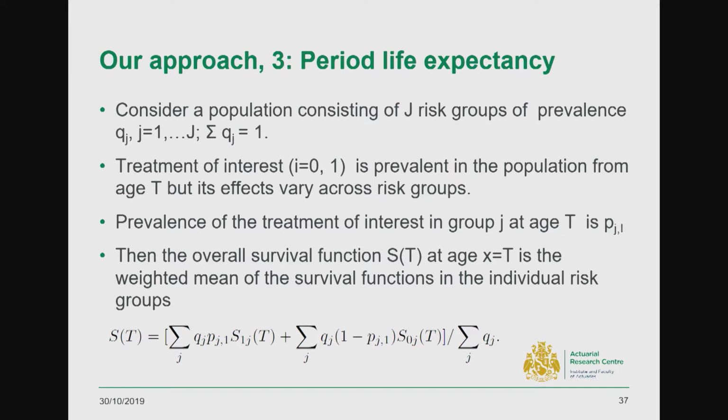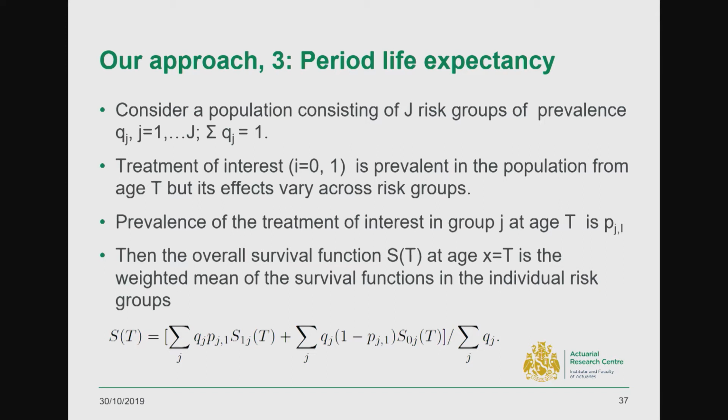So I need to look at J times I subpopulations, and for each of those subpopulations, I will have a weight which will be just the proportion of a risk group and the proportion of a treatment in that risk group. So this is this formula down there.